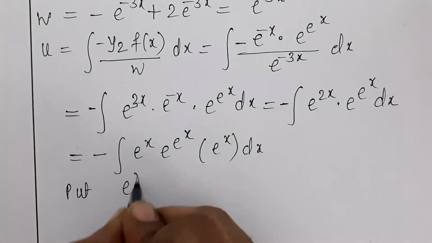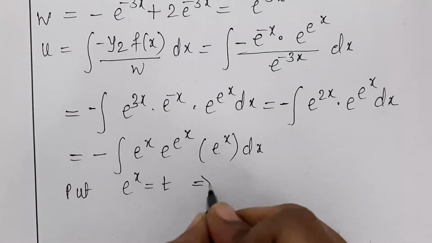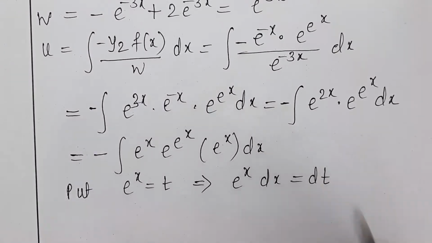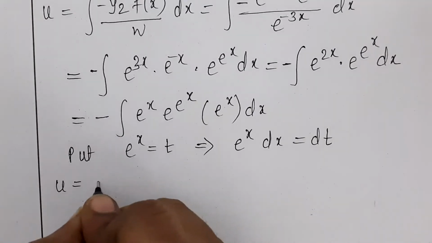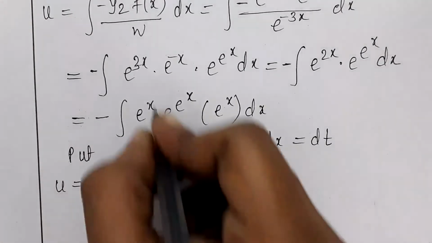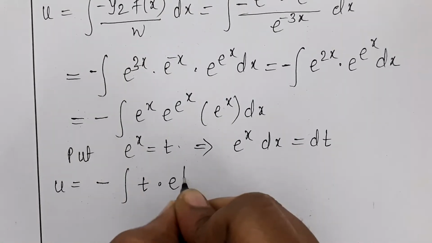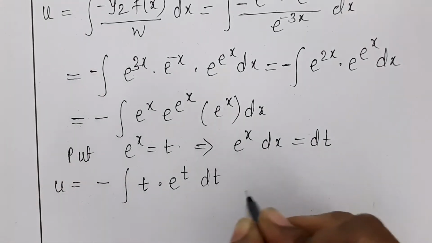So put e^x = t. If e^x = t, e^x dx = dt. Substitute in this integral: u = -integration of t e^t dt, since e^x is t, e^x is e^t, and e^x dx = dt.